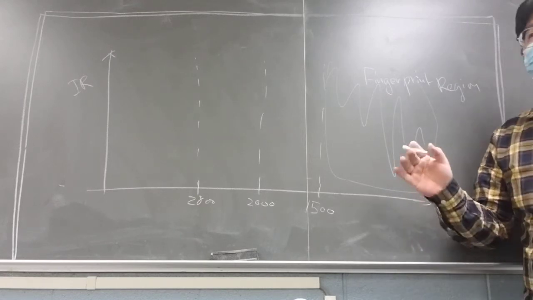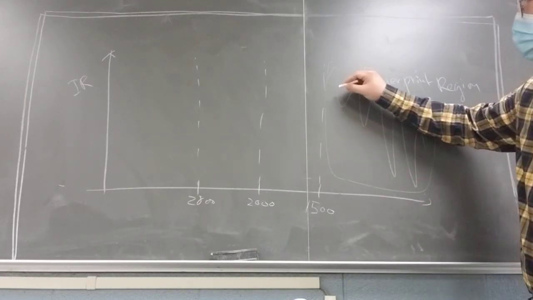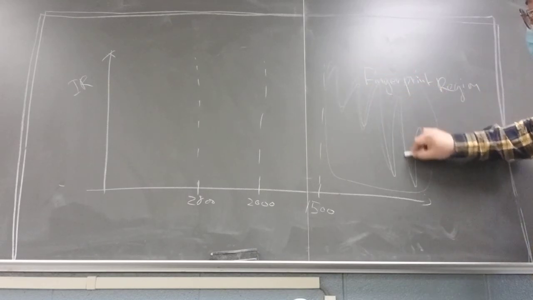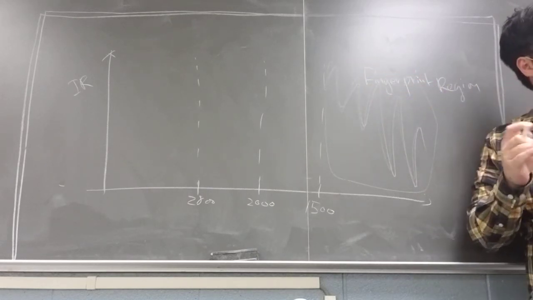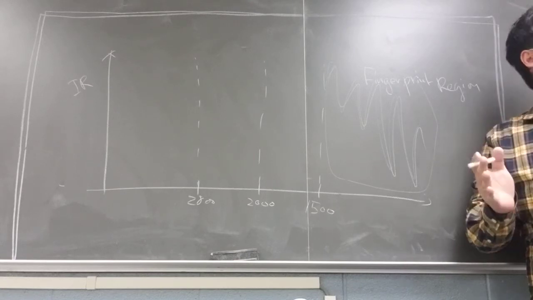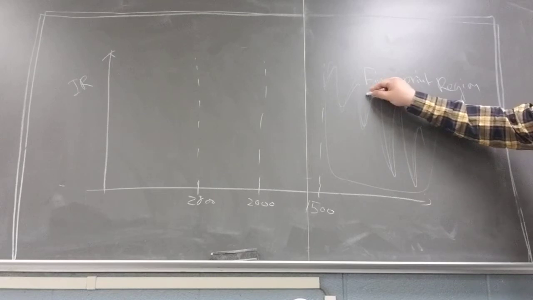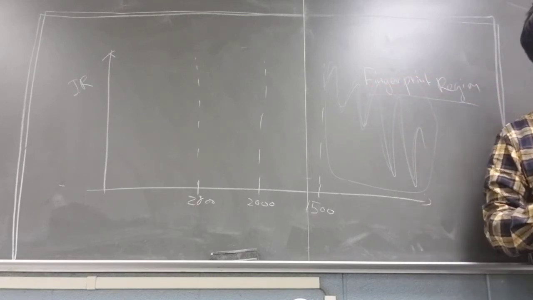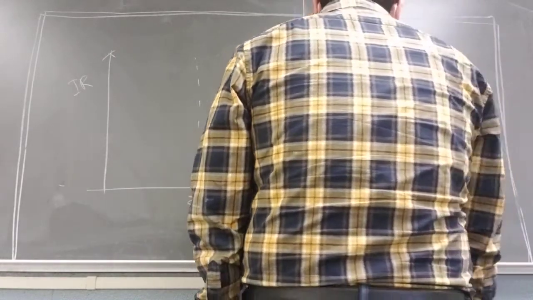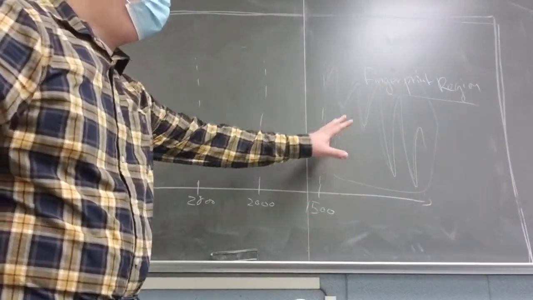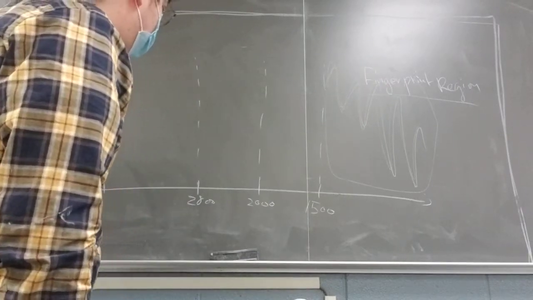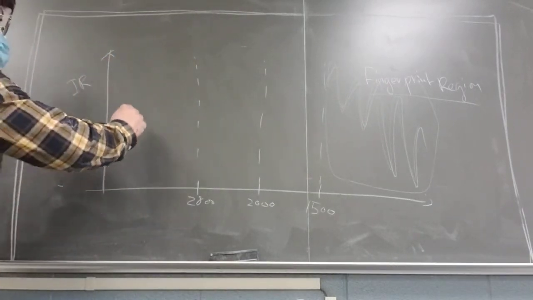We call it the fingerprint region because whenever any compounds share the same pattern in the fingerprint region, there's almost a 99% chance they're the same compound. Like a fingerprint, we know what it is by looking at the peaks in this region. So at least remember the definition of it, what it really means.